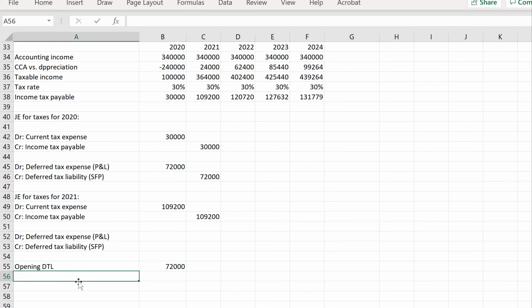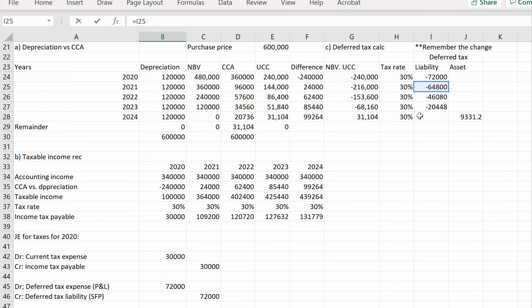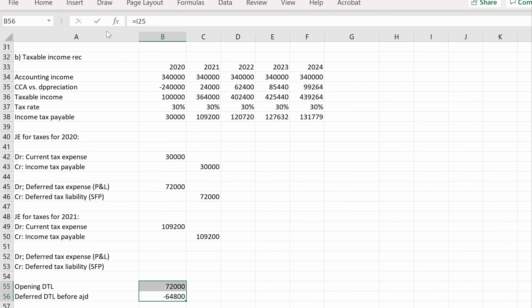So then deferred tax liability before adjustment. What do we want it to be? Basically, we want it to be this number here, 64,800. We don't want it to be negative.